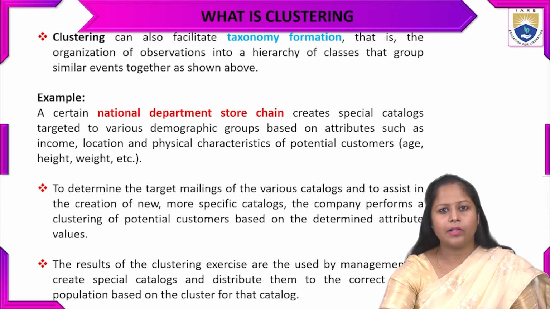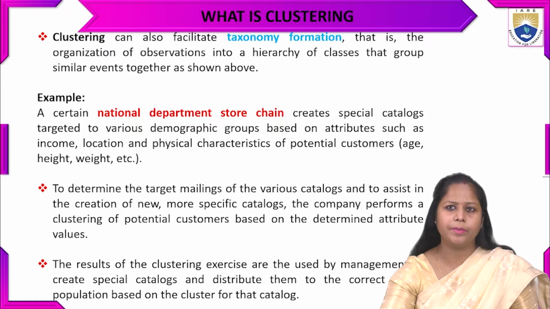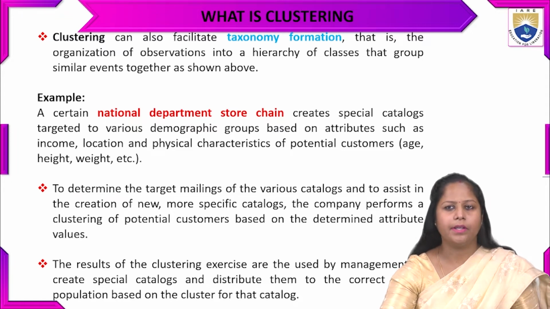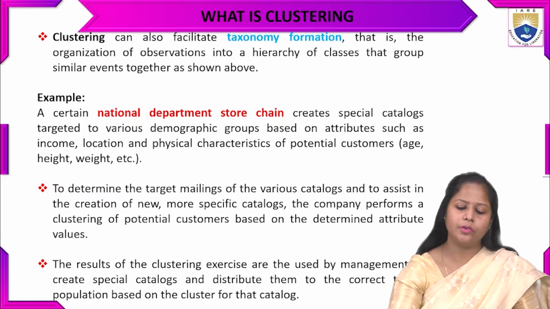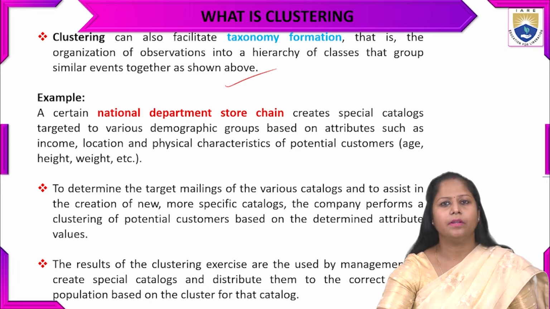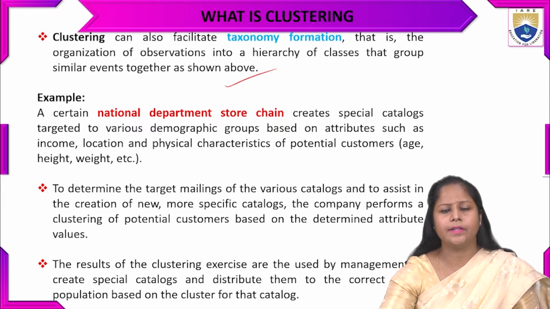Clustering can also facilitate taxonomy formation, that is, the organization of observations into a hierarchy of classes that group similar events together, right? So in the above example, the taxonomy formation organizes different observations into a hierarchy of classes.